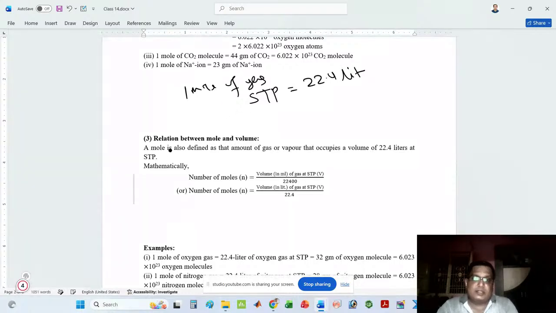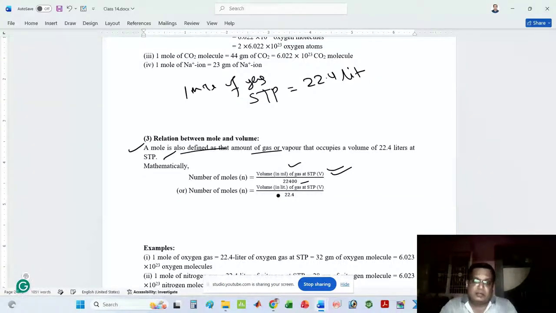That means 1 mole is also defined as the amount of gas or vapor that occupies 22.4 liter at STP. Mathematically, number of mole N is equal to volume in ml of gas at STP divided by 22,400. If the volume is taken in ml, then we divide by the value 22,400.